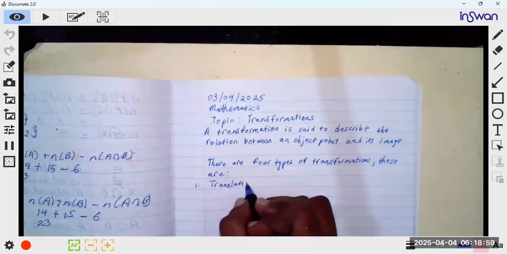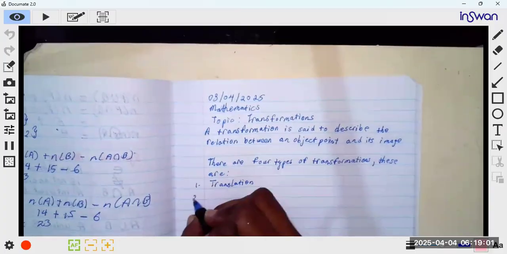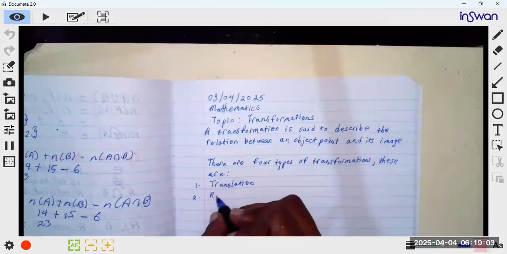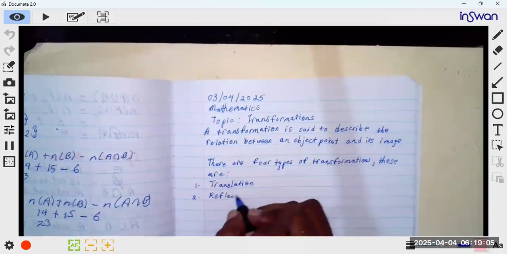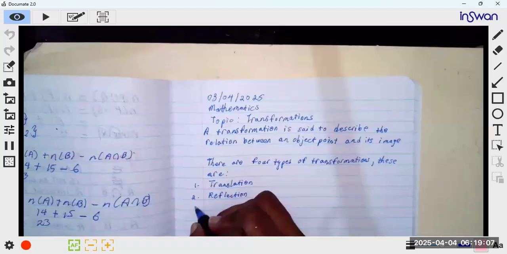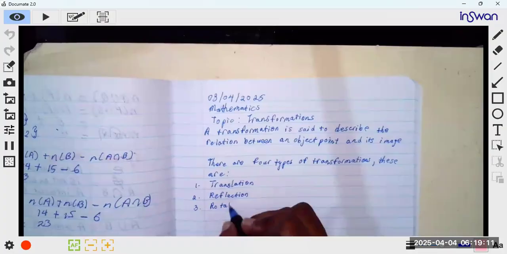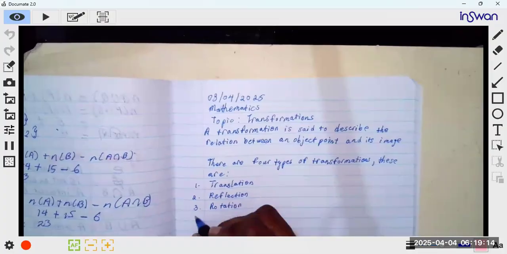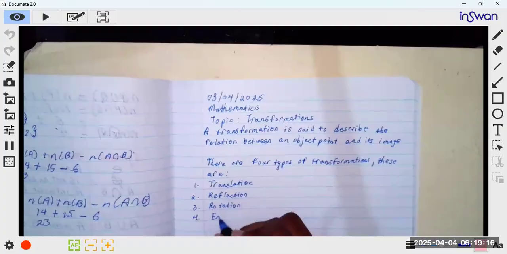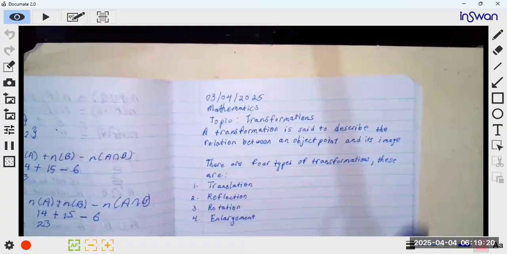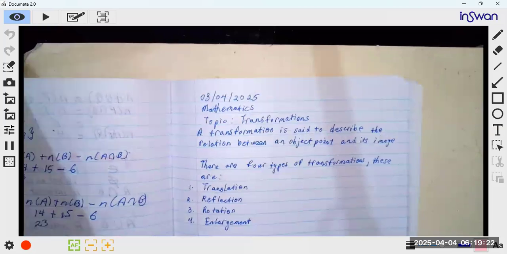The second one is reflection. Third one is rotation. And the last one is enlargement. Understand?